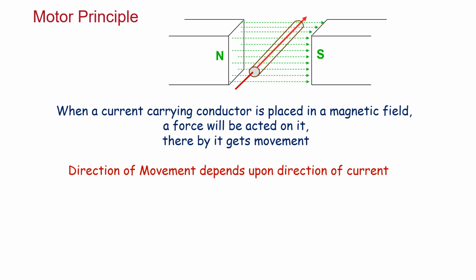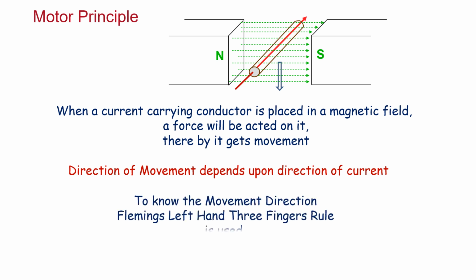The direction of movement depends upon the direction of current. For this direction of current, the movement is downwards. To know the movement direction, the Fleming's left hand three fingers rule is used for the motor principle.